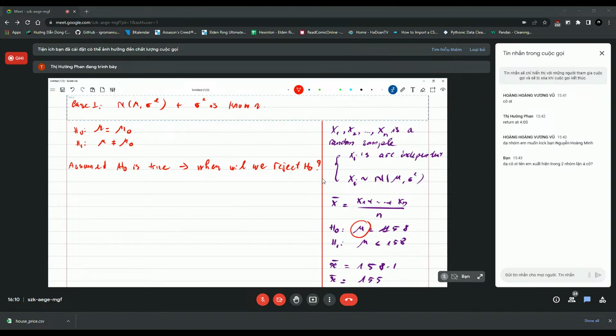We reject H0 if the distance between H bar and mu 0 is as far as possible. If the difference between the sample mean and the given constant is as far as possible, we have more confidence to reject H0.